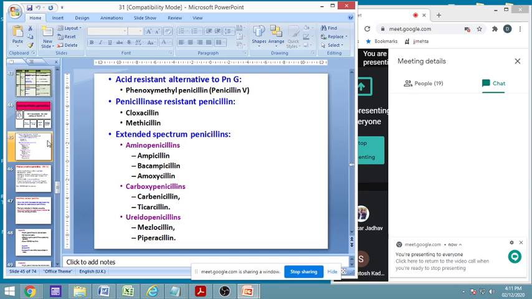Then penicillinase resistant penicillin. Examples of these are cloxacillin, methicillin. This was one of my favorite questions, which I can ask anytime. Suppose, because we shall see later, there are some agents which are used as penicillinase inhibiting agents. If you remember Parkinsonism, there are certain agents used, levodopa plus carbidopa.